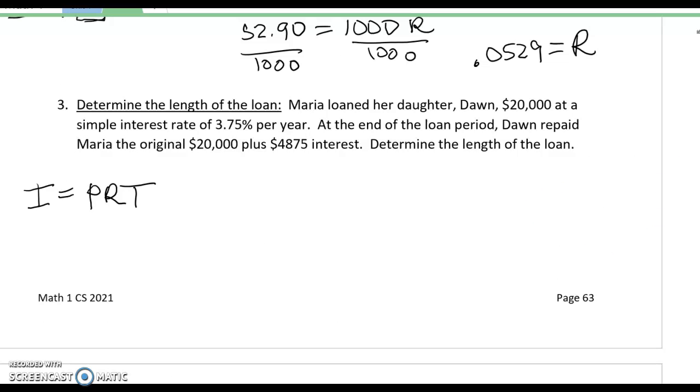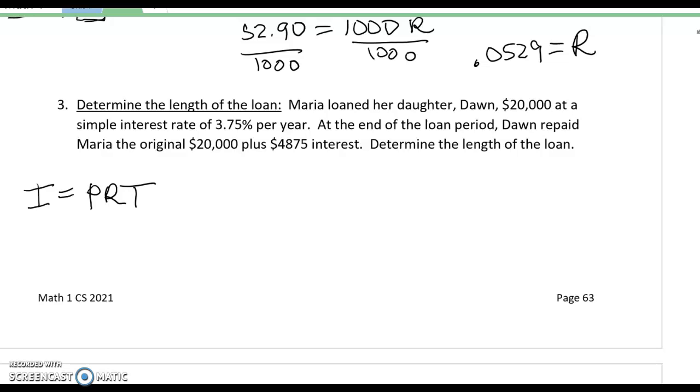Okay, example number 3. Maria loaned her daughter $20,000 at a simple interest rate of 3.75% per year. At the end of the loan period, Don paid Maria the original $20,000 plus $4,875 in interest. Determine the length of the loan.